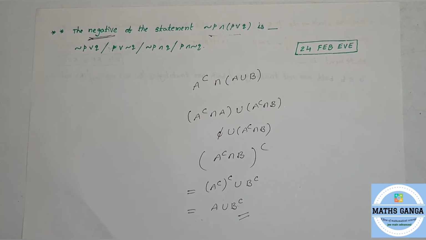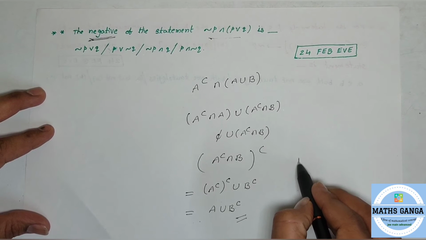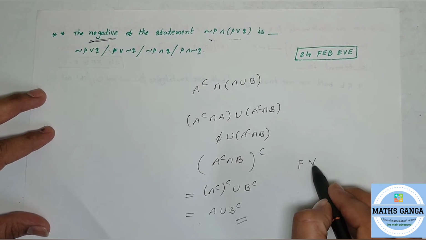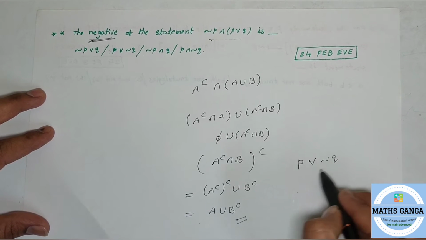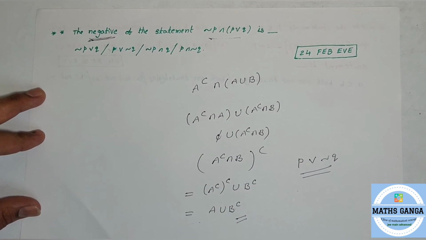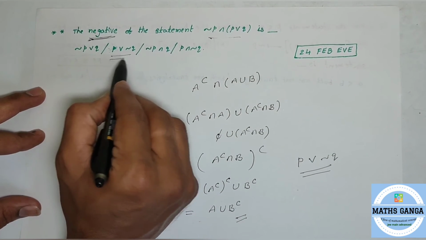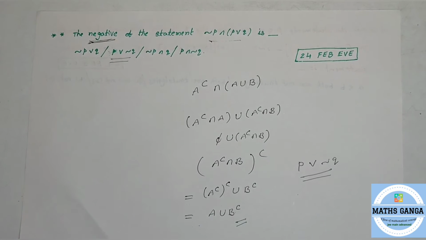Since we simplified in terms of sets, again we need to rewrite in terms of statements. A is a statement, A is equivalent with the statement P, union is OR, and B complement is simply negation of Q. So finally, in terms of statements, our answer for the problem is P or negation of Q, and that is option 2 for the given problem.